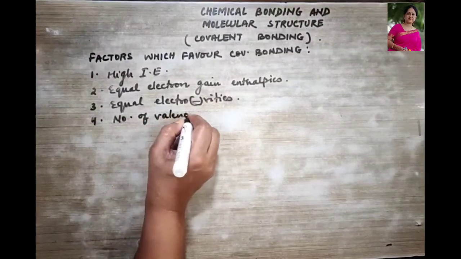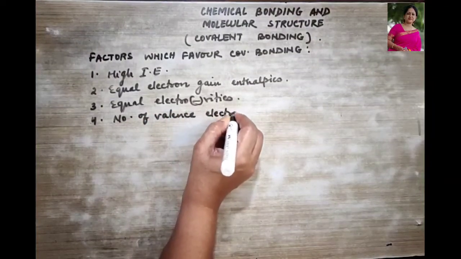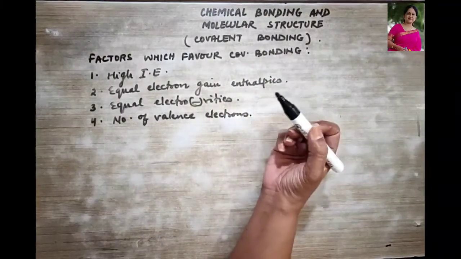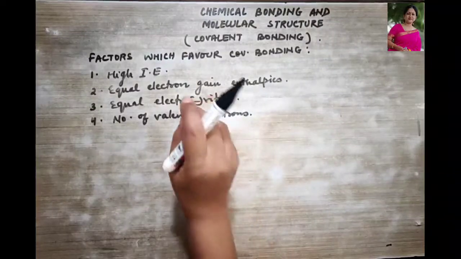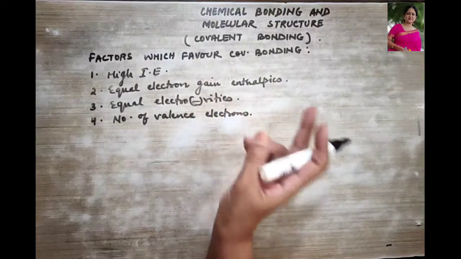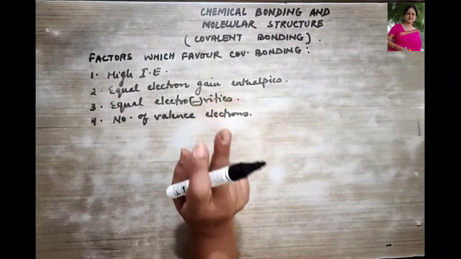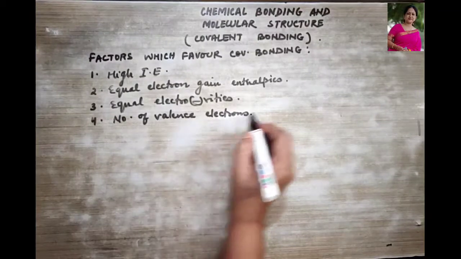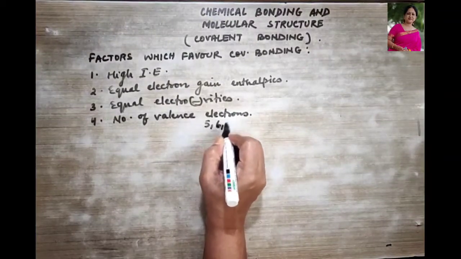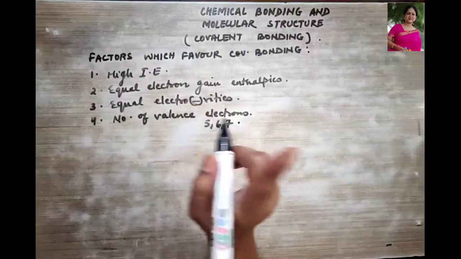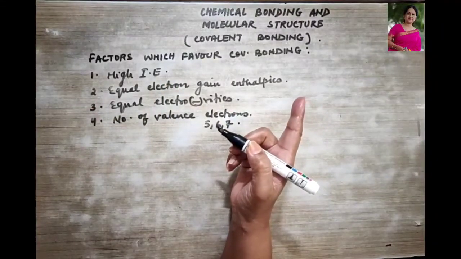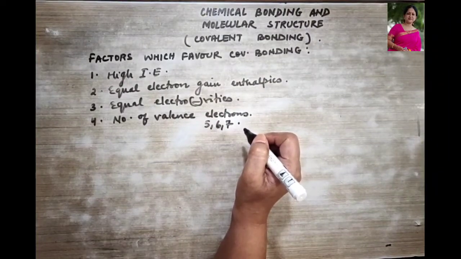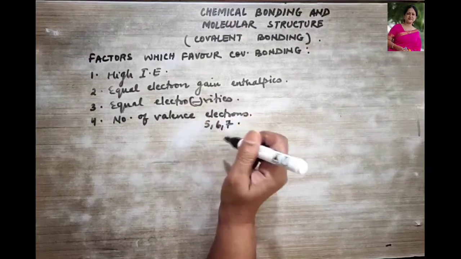The number of valence electrons also plays a very important part in understanding which kind of bonding an atom is going to show. The formation of the covalent bond will always be favored when each of the combining atoms contains 5, 6 or 7 valence electrons, because 1, 2, 3 are going to show ionic bonding. 5, 6, 7 electrons in the valence shell show covalent bonding.